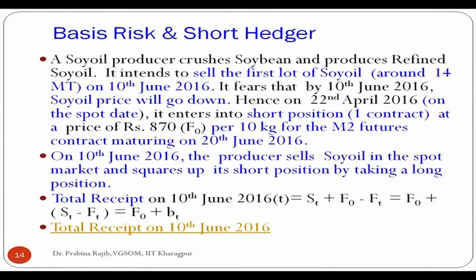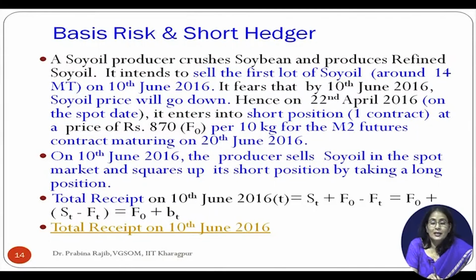Now let's go to another example. Let's say a soya oil producer crushes soybean and produces refined soya oil. He intends to sell the first lot of soya oil, which is around 14 metric tons, on 10th June 2016.